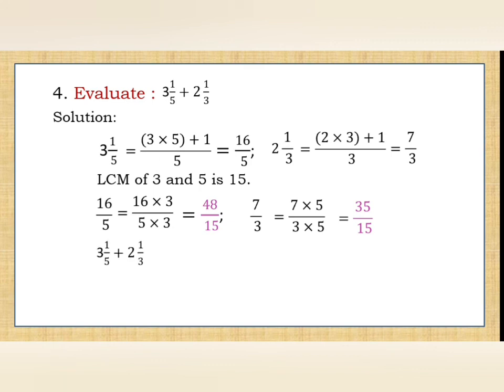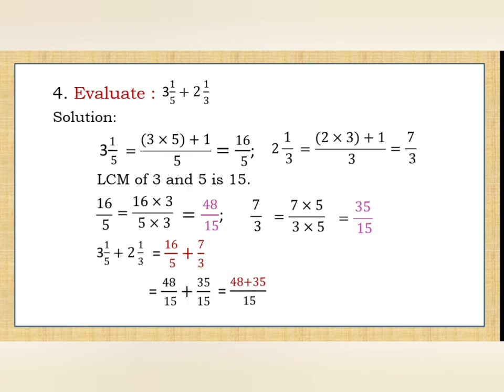Therefore, 3 1 by 5 plus 2 1 by 3 is equal to 16 by 5 plus 7 by 3. Instead of 16 by 5, we can write 48 by 15 and 7 by 3 as 35 by 15. Now we can add these two like fractions. This is equal to 48 plus 35 divided by 15.